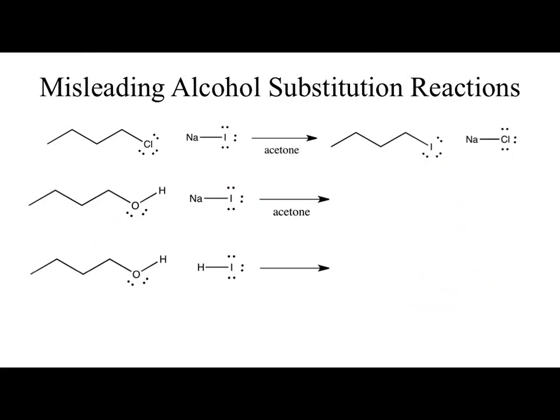HI because it's a strong acid. What about that strong acid makes you nervous? The H plus. So what do I need to stabilize that H plus? A negative. Where do I have a negative? On the oxygen. So let's take the electrons on the oxygen and let's share them with the hydrogen.